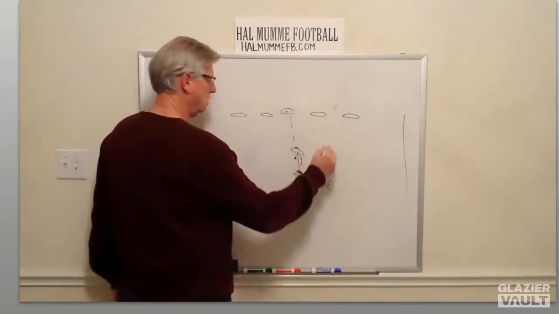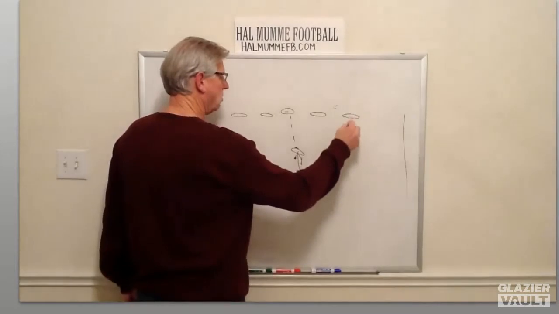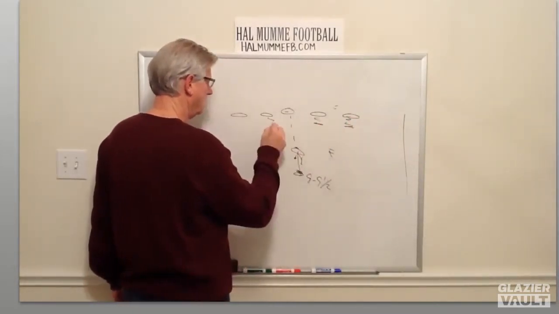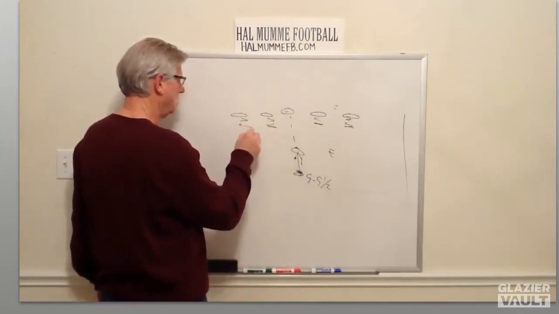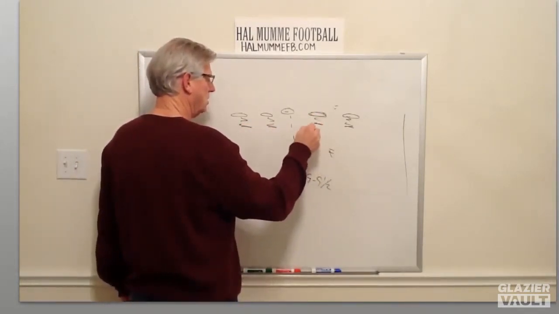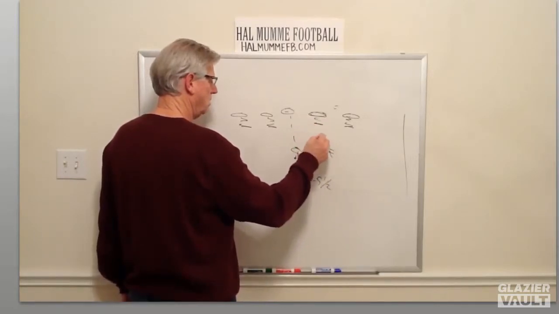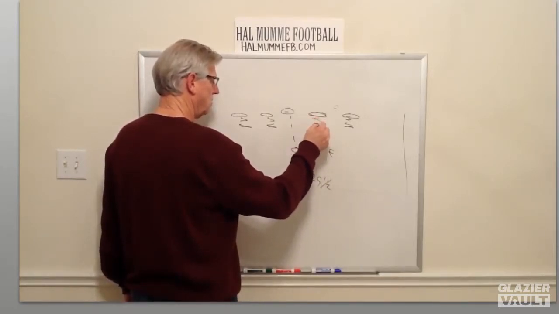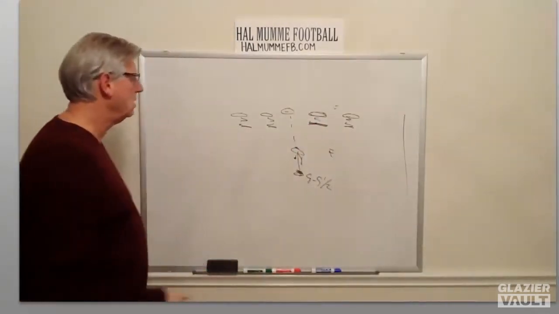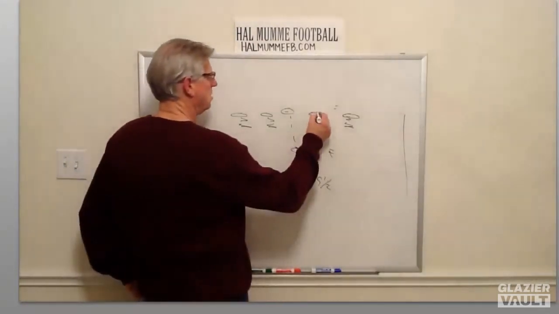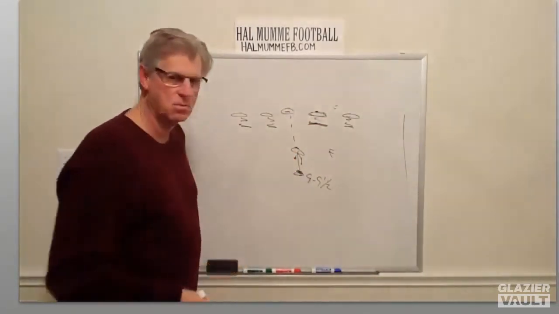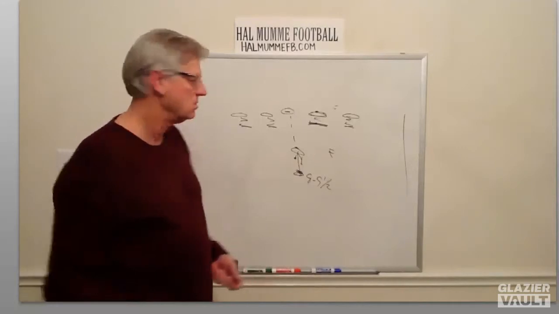And up front, these guys would be working vertically to set. So let's take this guard right here. He's going to set left, right, left, right, left, right, left, right. He's going to end up setting off the ball. On his alignment, his helmet is going to be at the bottom of the center's number, which is legal.